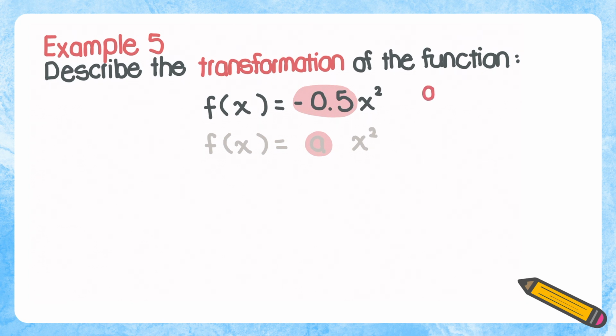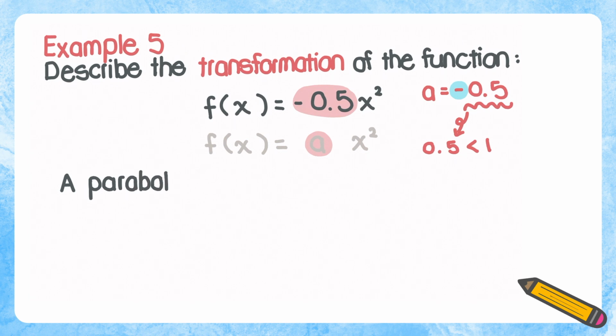So a equals negative 0.5. Since a is negative, there will be a reflection. And just focusing on the number, so 0.5, well, 0.5 is less than 1, so we'll have a vertical shrink as well.